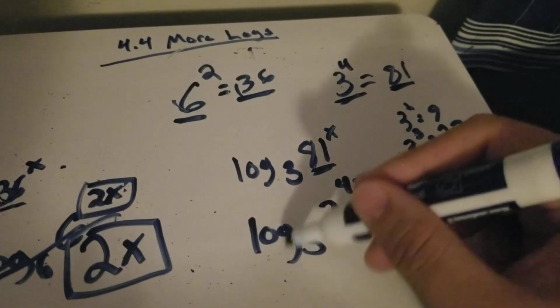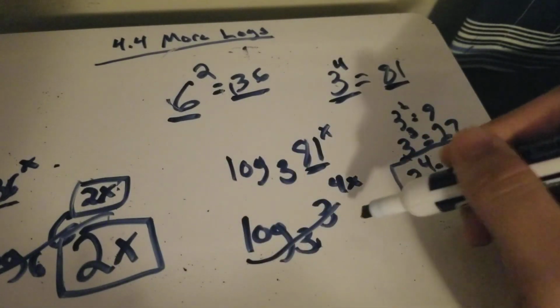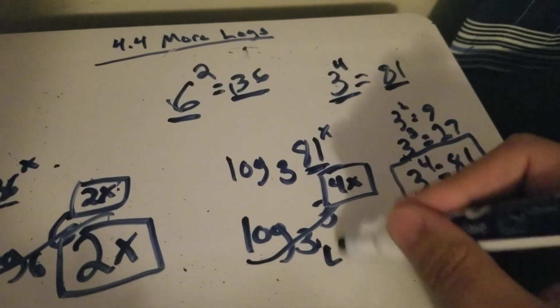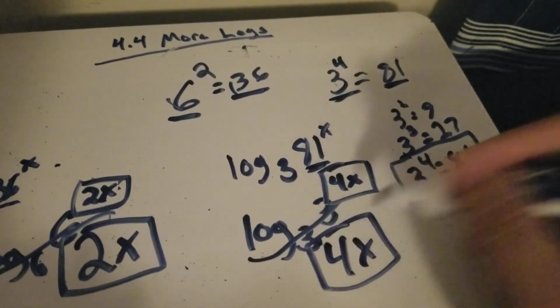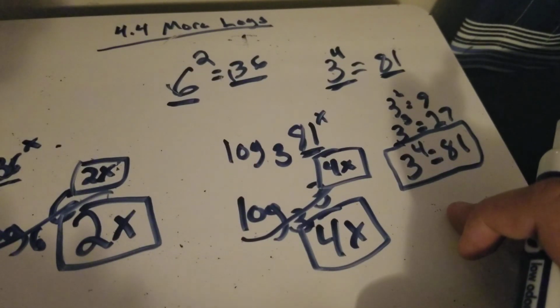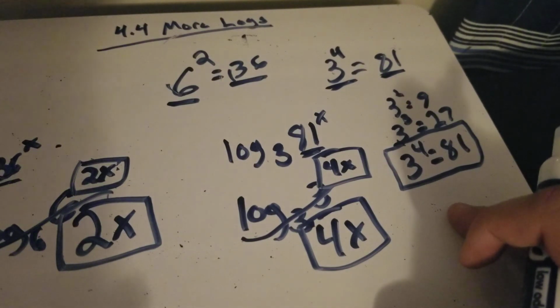Hey, now since the base of the log and the base of the exponent match, I could cross them out, good riddance, and all I'm left with is 4x. And that's really good. We're really happy with just 4x.